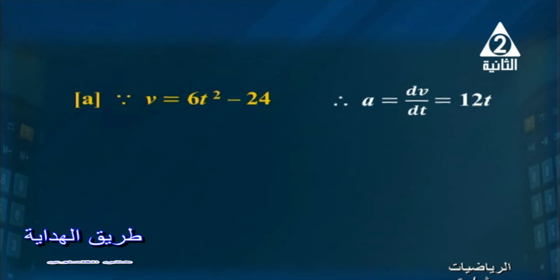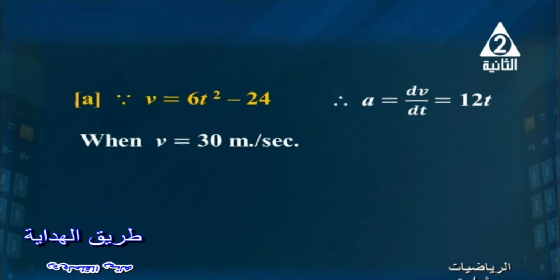Now we have velocity v equals 6t squared minus 24, the relation between velocity and time. We can get the acceleration by a equals dv/dt, the derivative of velocity with respect to time, equals 12t. What is the magnitude of the acceleration when the velocity equals 30 meters per second?